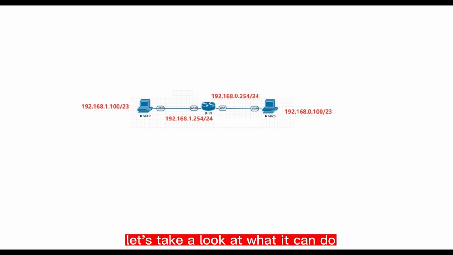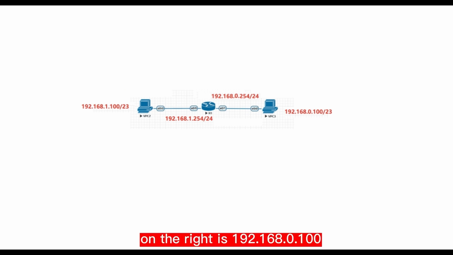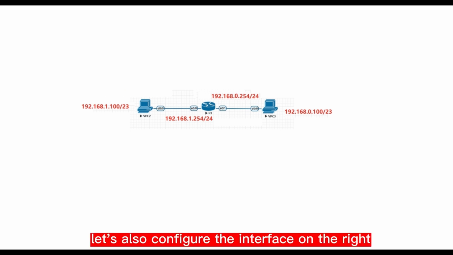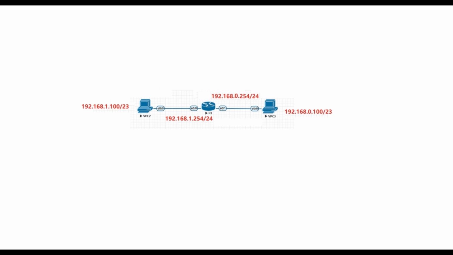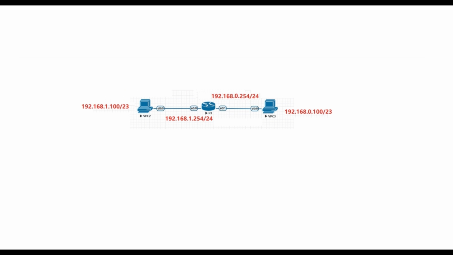Let's take a look at what it can do. On the left is 192.168.1.100. On the right is 192.168.0.100. Let's also configure the interface on the right. Suppose the interface on the right side of the router is 192.168.0.254.